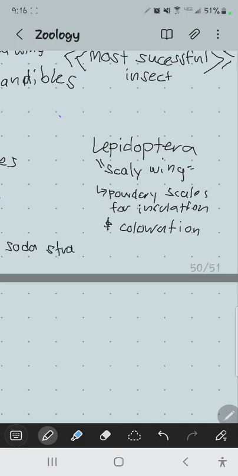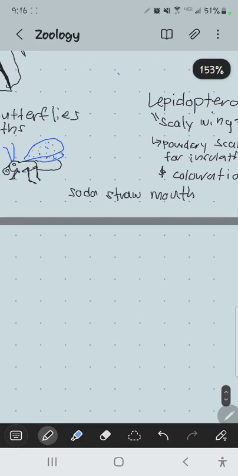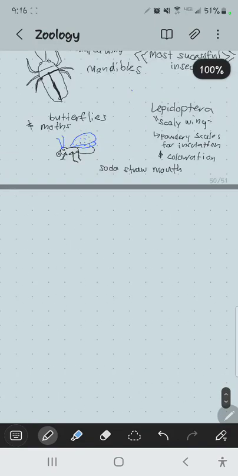The Diptera, these are the true flies. The key feature of these, as the name implies, is they have 2 wings.